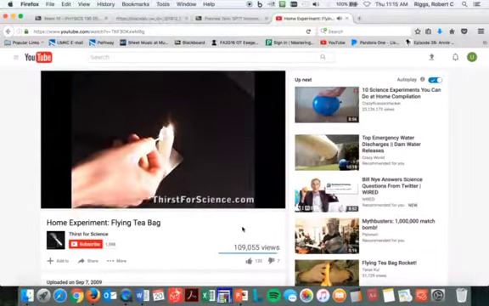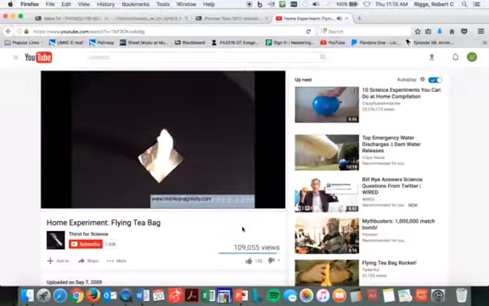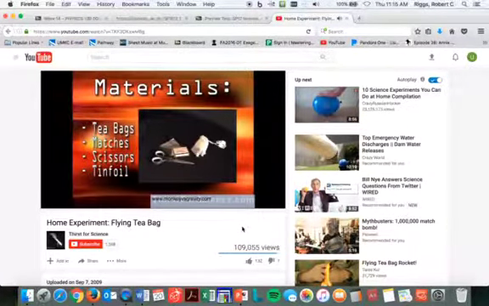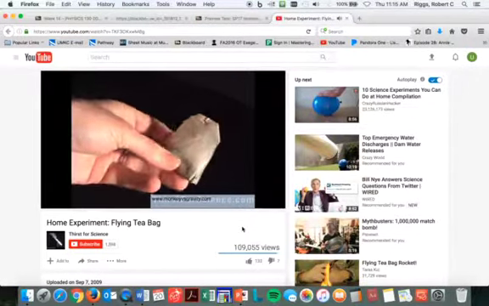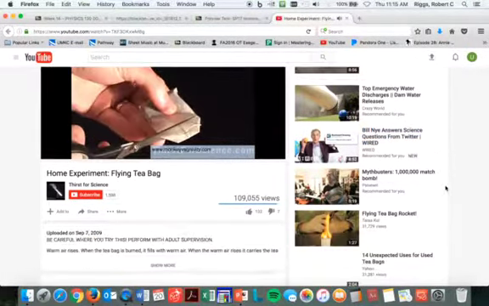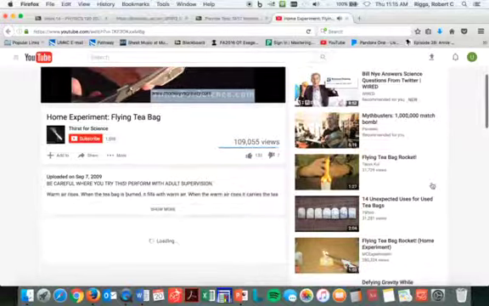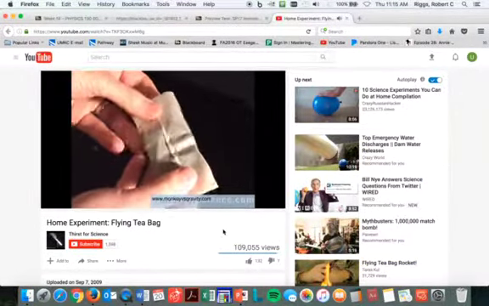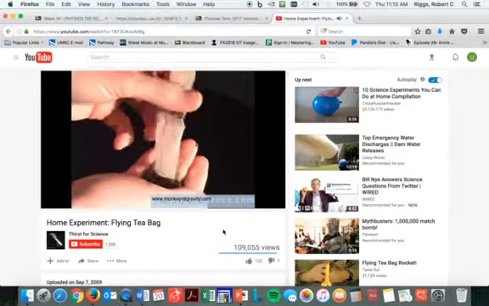The following experiment will show you how to make a tea bag fly using convection. This is similar to how a hot air balloon works. First, you're going to need some tea bags, matches, scissors, and tinfoil. Take your tea bag and cut the end off of it as shown. Then, open the tea bag and remove the tea from inside.